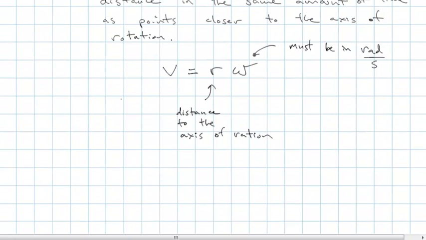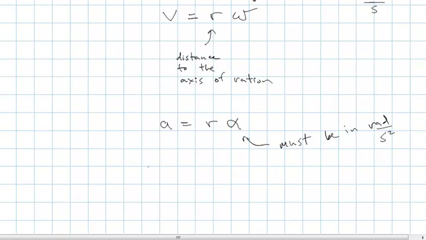We also can relate our acceleration to our angular acceleration. We use a similar relationship, a is equal to r alpha, where alpha must be in radians per second squared. And the reason for that is that in deriving these relationships, we use this.